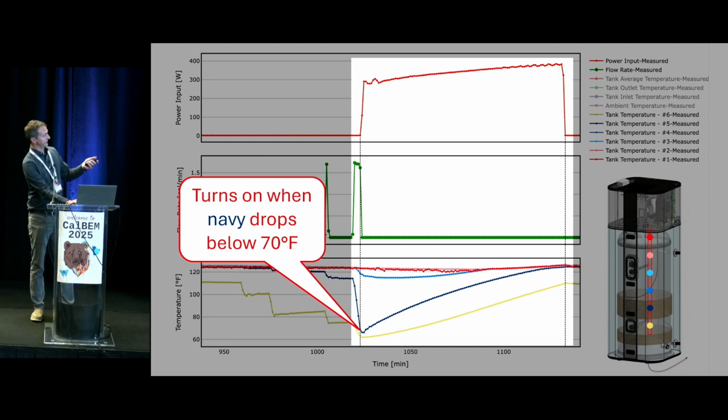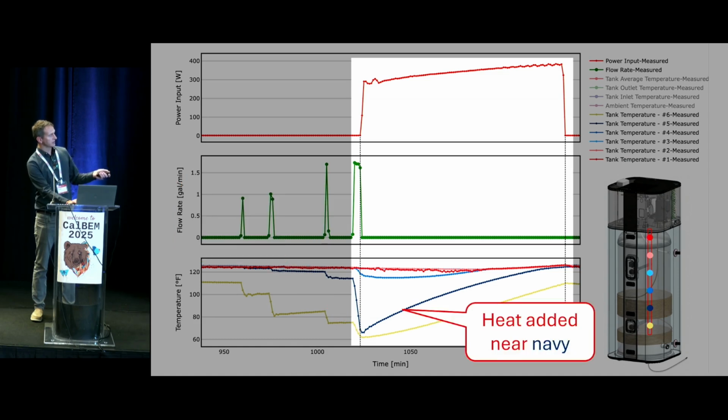So if you follow this line down from when the compressor turns on, it happens to be where this navy thermocouple drops below 70 degrees. So that tells us that the thermostat for the compressor is located near this navy thermocouple here.